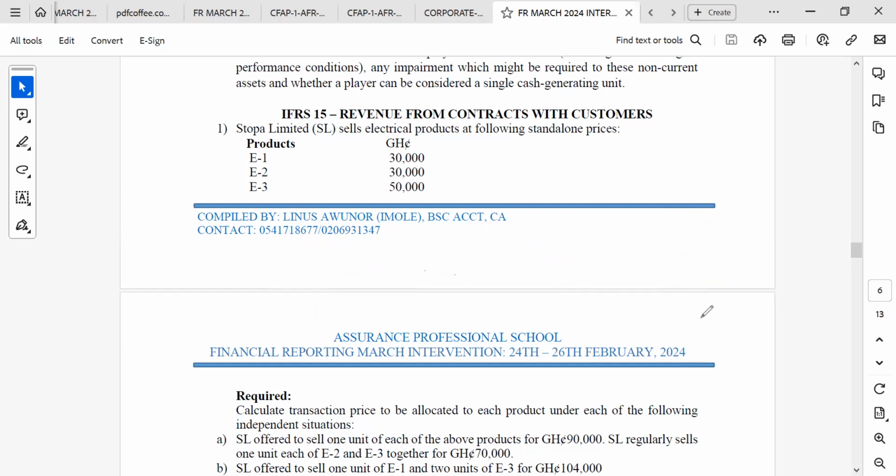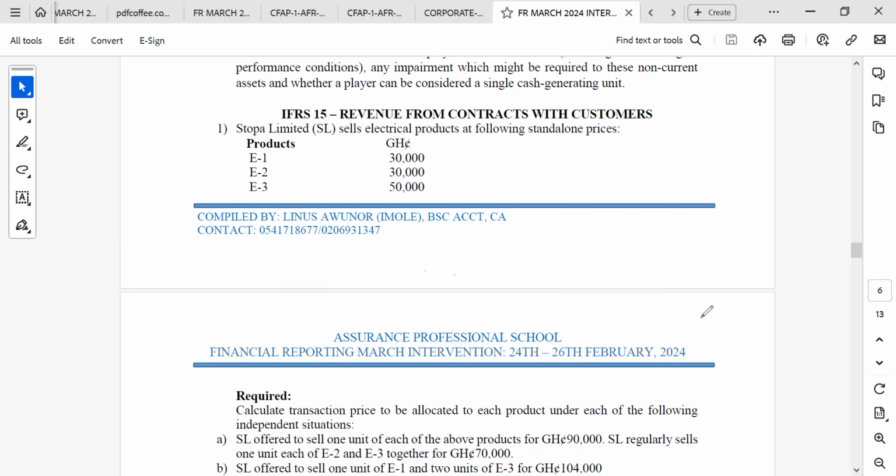That's the one. Stopper Limited, SL, sells electrical products at the following standalone prices. Products E1, 30,000 cedis, E2, 30,000 cedis, and E3, 50,000 cedis.